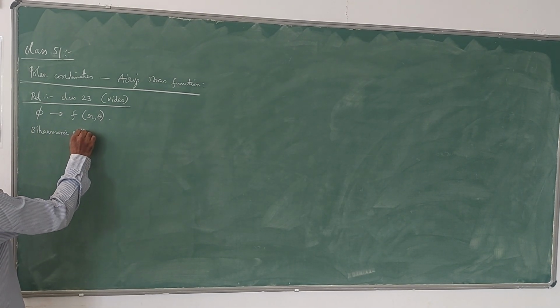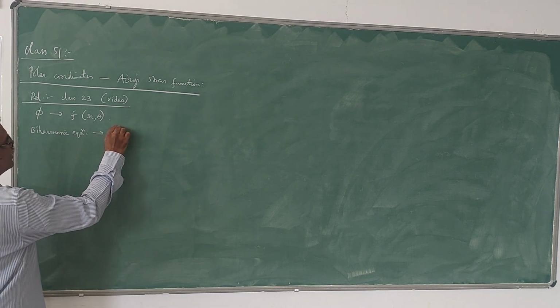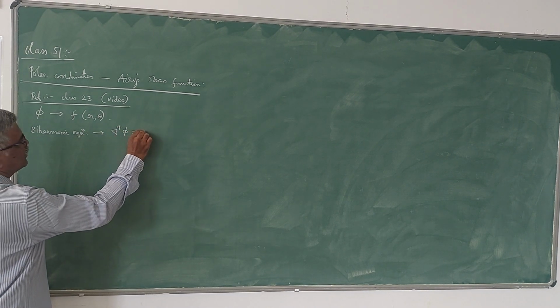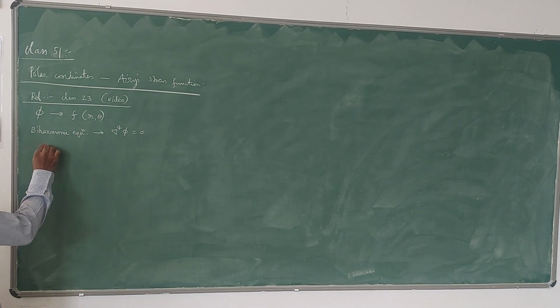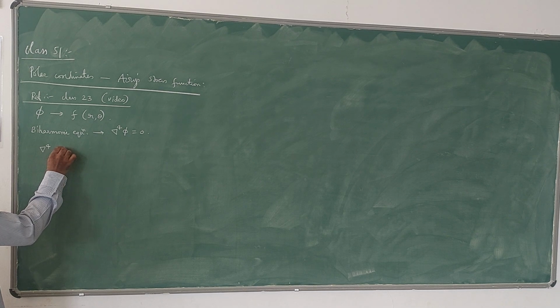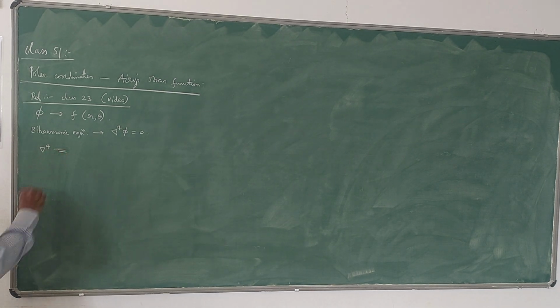biharmonic equation is once again the same, del power 4 phi is equal to 0, same thing. But here del power 4, which is the operator, this is given by, I will give you.